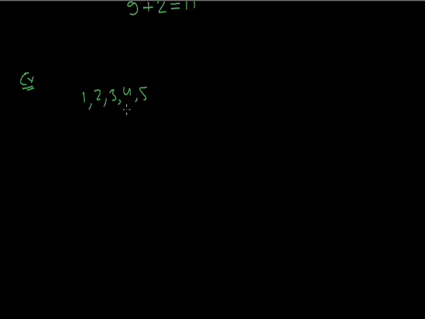I repeat, how many numbers between 10 and 10,000 can be formed using the digits 1, 2, 3, 4, 5, if digits are repeated? So how can we solve this? Between 10 and 10,000, first of all there are two-digit numbers.